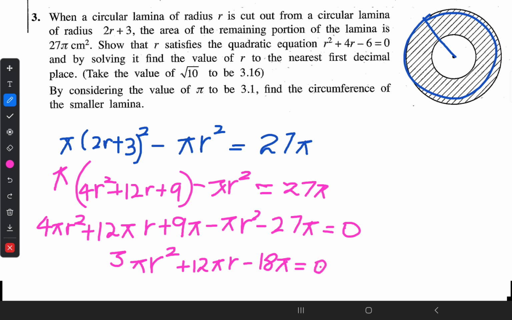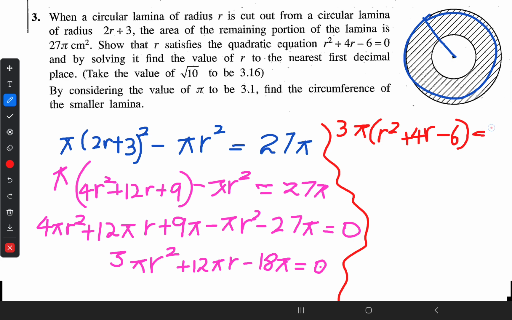Then you can see 3 pi can be taken as the common factor in the equation. So let's bring 3 pi out as a common factor. Then we get r squared plus 4r minus 6, which is equal to 0.